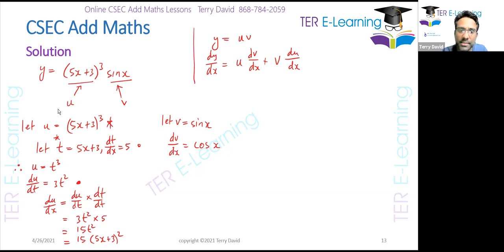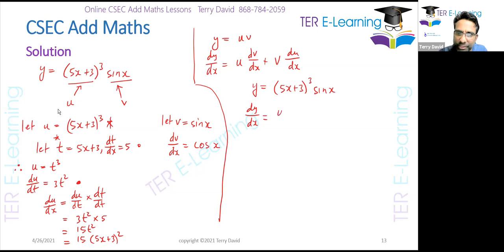Now let's write back what we're trying to work out: (5x + 3) cubed multiplied by sine x. We're going to use the product rule here. So dy/dx is u dv/dx plus v du/dx.